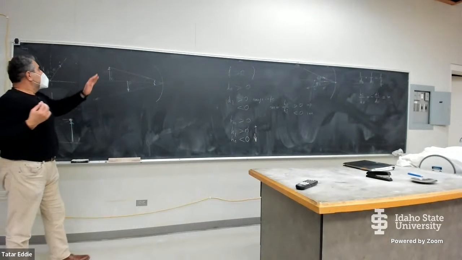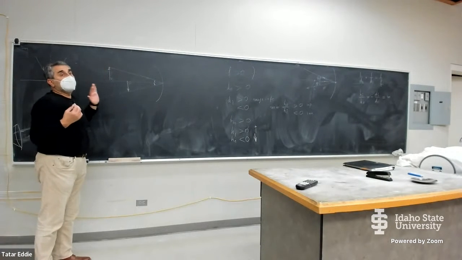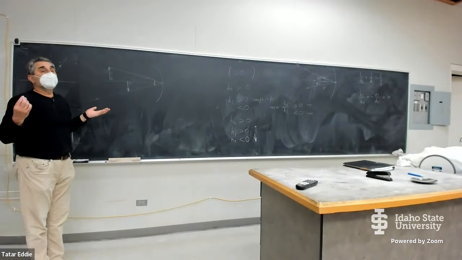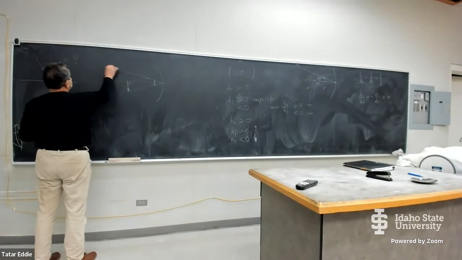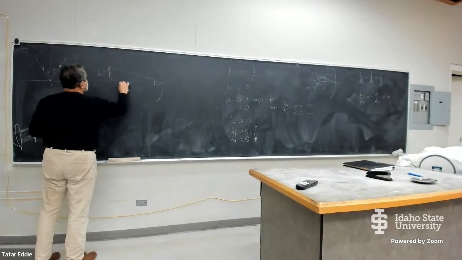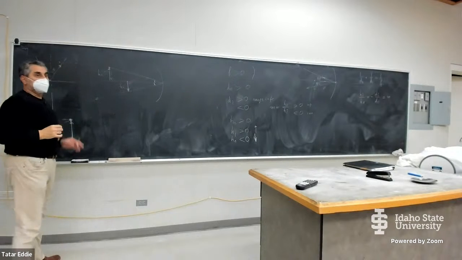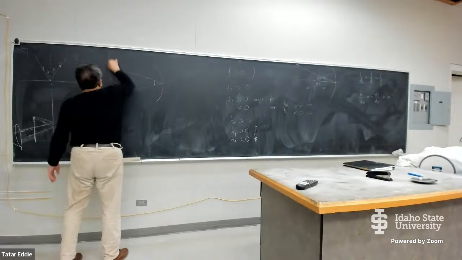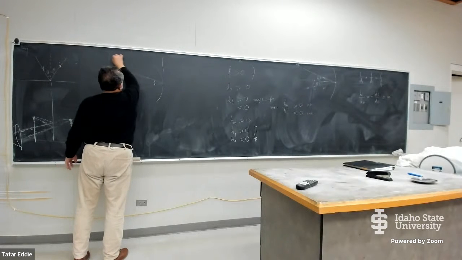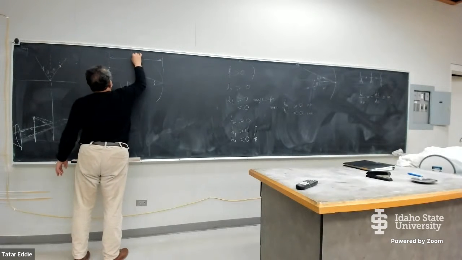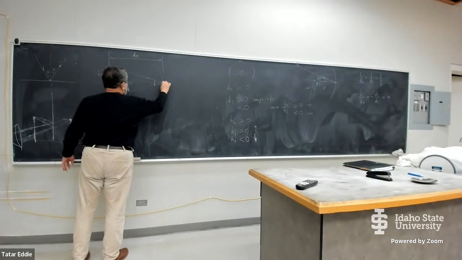Similarity means that the ratio of corresponding sides is the same. For my case, this is HO, this is HI, this is DO, and this is DI.